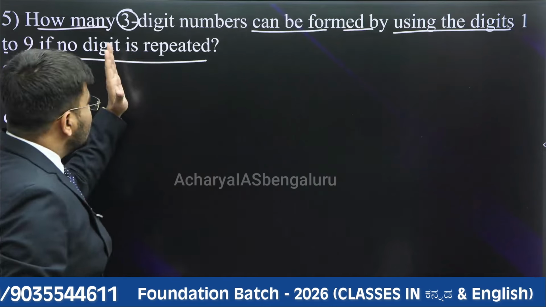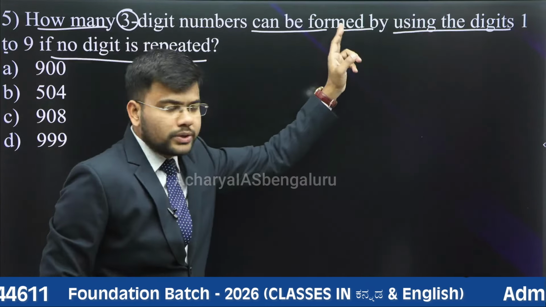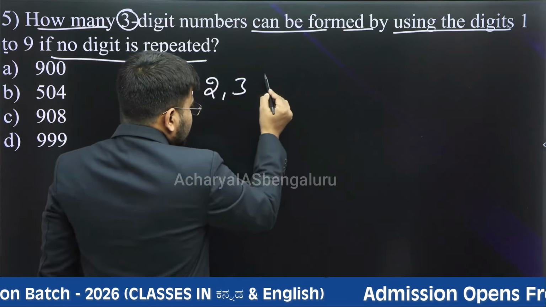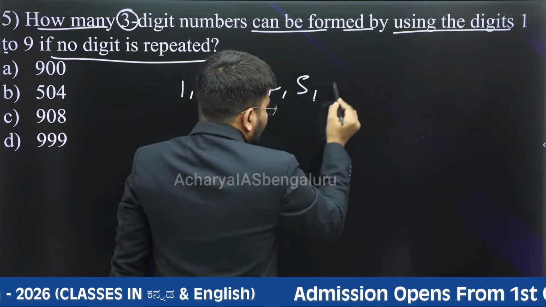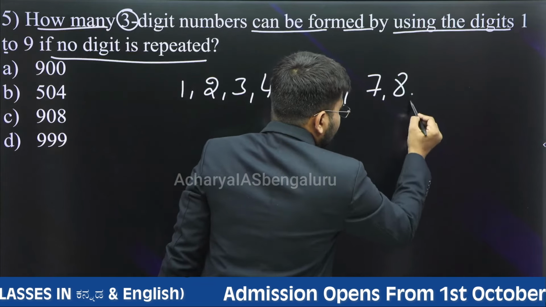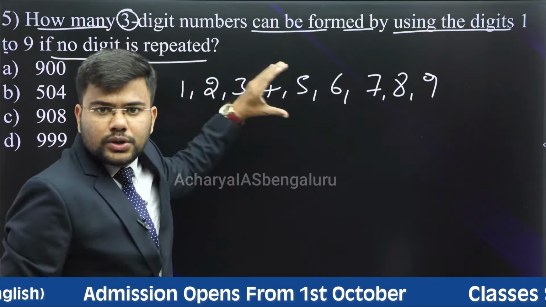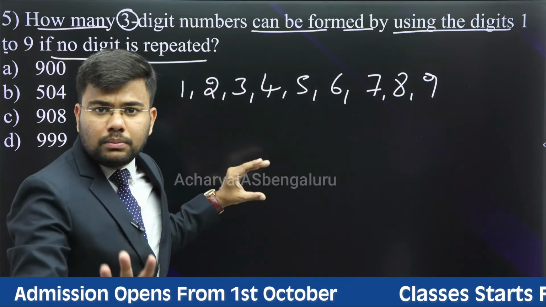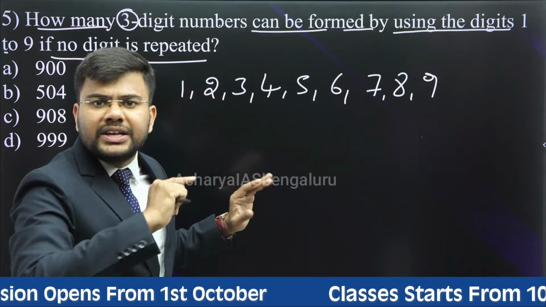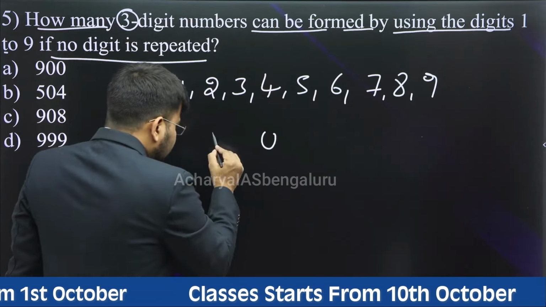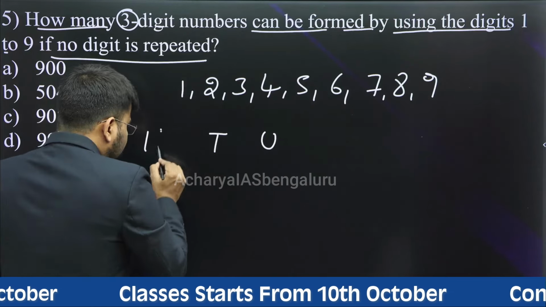Fine? Yes. So, a 3-digit number can be formed using the digits 1 to 9. That is 1, 2, 3, 4, 5, 6, 7, 8, 9. These are the 9 digits from 1 to 9. Using these digits, I have to form 3-digit numbers where repetition is not allowed. Hence, units place, tens place, 100 place.